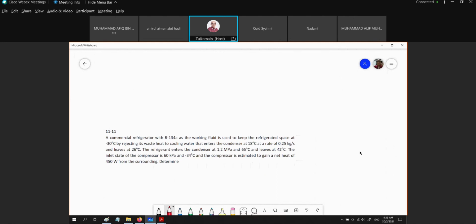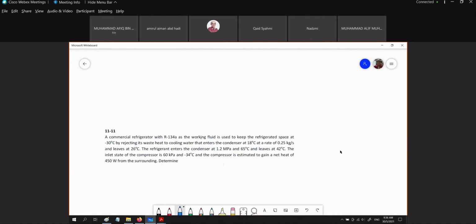So let us sketch the schematic diagram. The first thing is our condenser. Then we have our compressor. Then after this, we have our expansion valve.